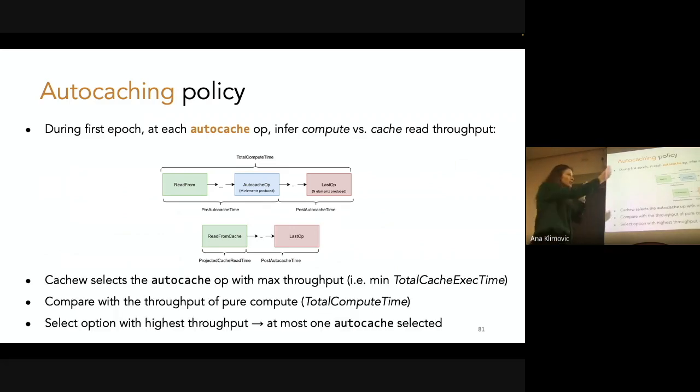We repeat this for each auto-cache op, and we pick the one that has the lowest latency, so would give us the highest throughput. And then we compare it to what if we just didn't cache at all, and we see which one is most efficient. So that's at a high level what the auto-caching policy is doing, and it's really leveraging statistics that we can collect while the job is training.